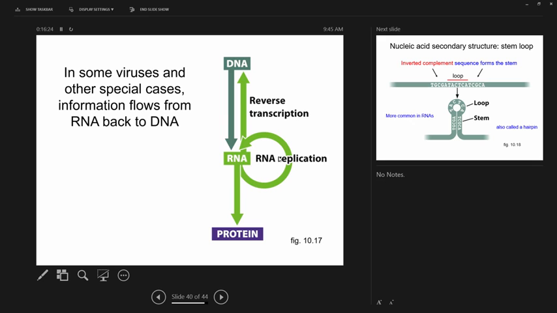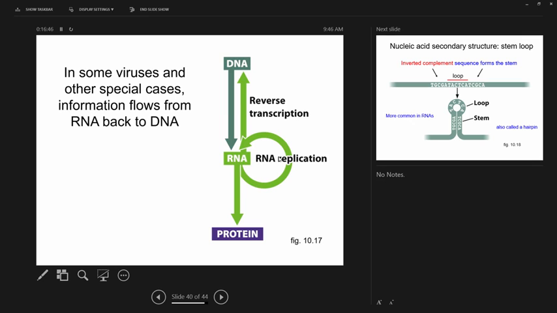When we talk about RNA interference at the end, it was also discovered that RNA can be used as a template for production of more RNA. So RNA interference is going to be a defense mechanism against RNA viruses that, as I said, is used for other purposes now too.